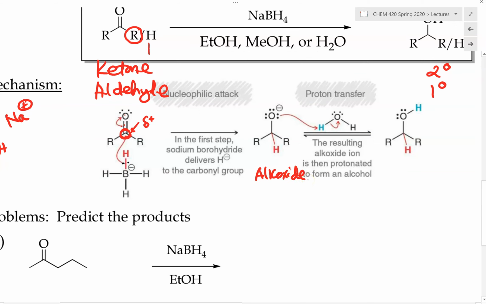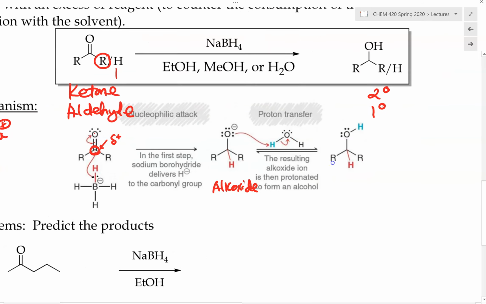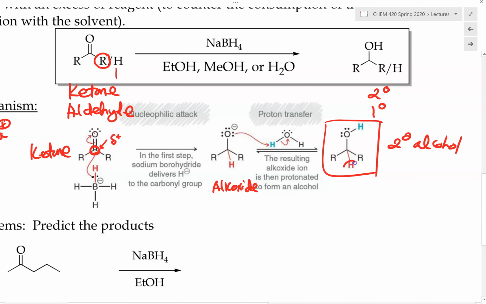And if we have alcohol or water in our reaction mixture, that provides the source of proton to protonate our alkoxide, producing this product over here. Since we start with the ketone, we will be able to make our secondary alcohol. The hydride is added to this carbonyl carbon.